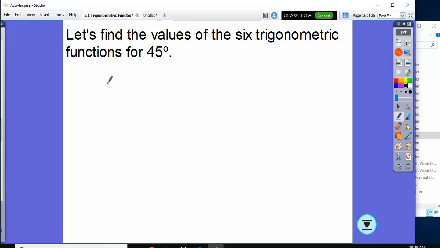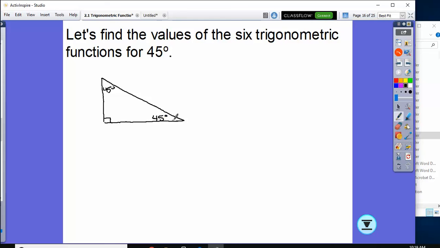The next special angle is 45. So if I were talking about a 45-degree angle, what does the other angle in this right triangle have to be? 45. Okay, I didn't give you the original triangle this time.